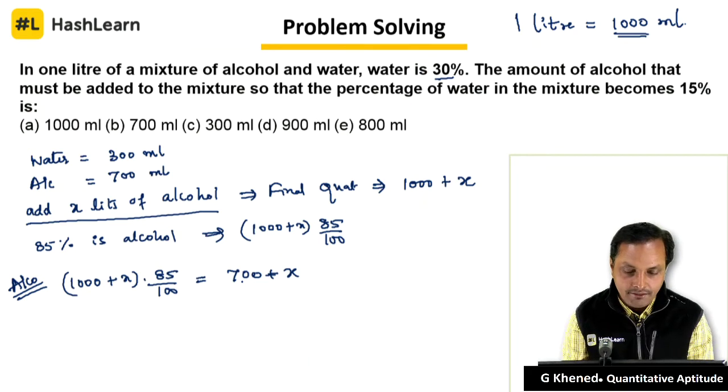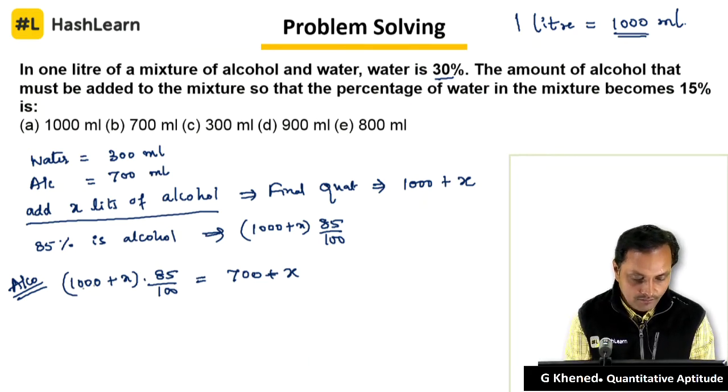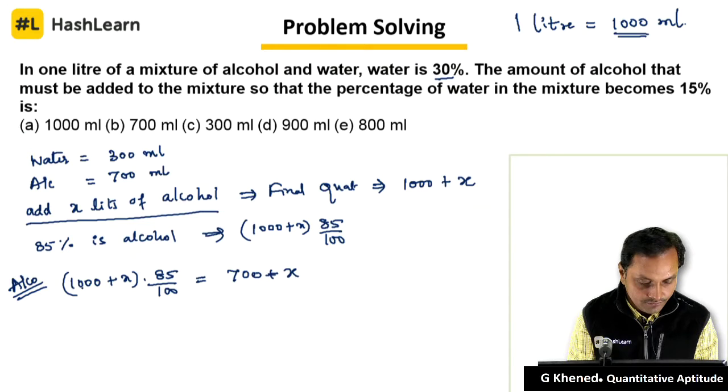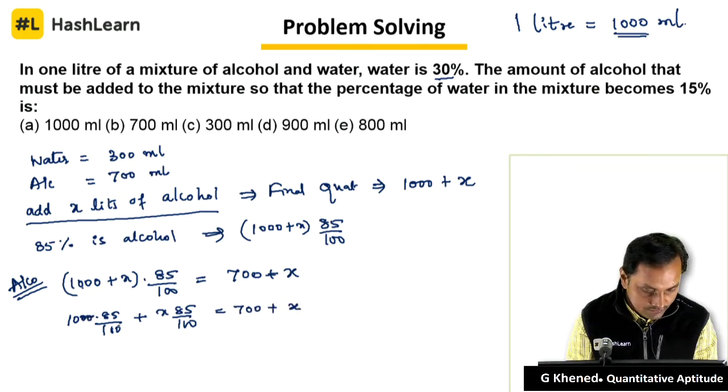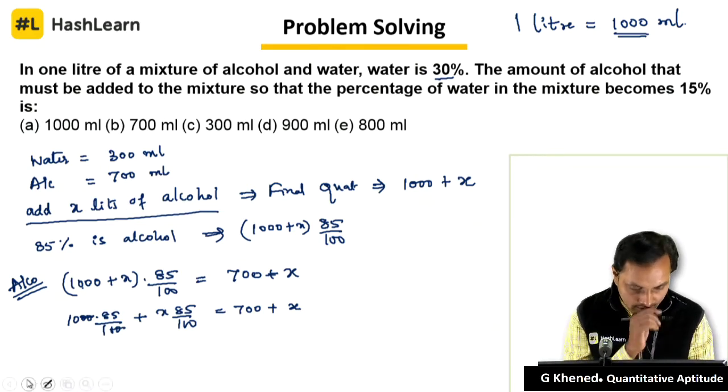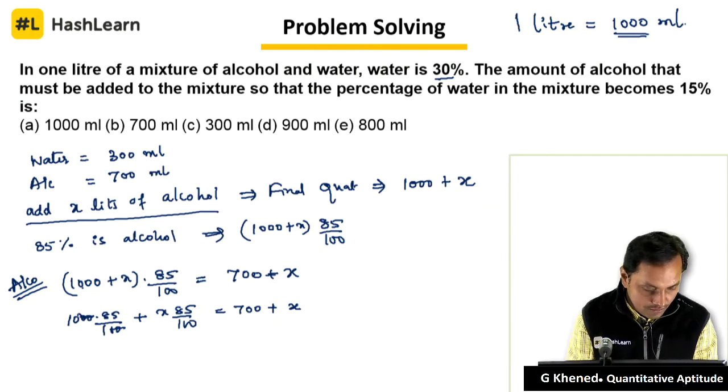Okay, so once you equate this, what happens? Do the simplification. This into this will give you 1000 into 85 by 100 plus X into 85 by 100 is equal to 700 plus X. Once you cancel this, the best method is to multiply throughout by 100, you need not cancel the term.